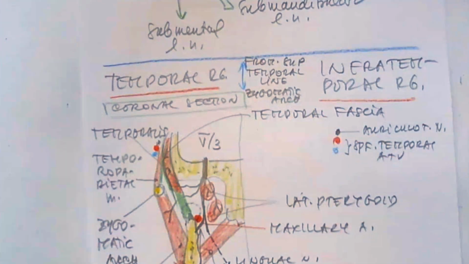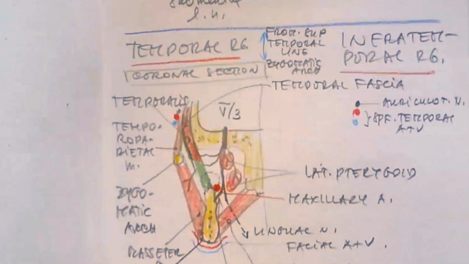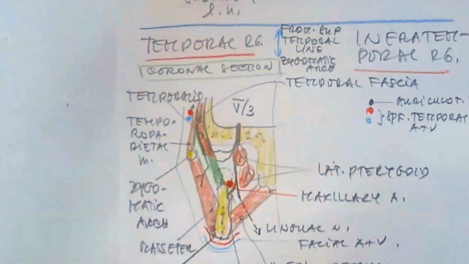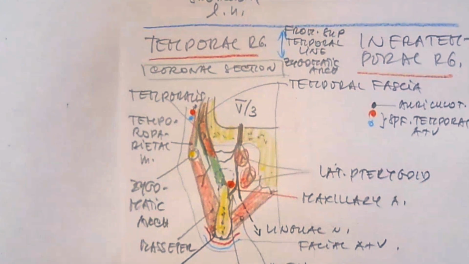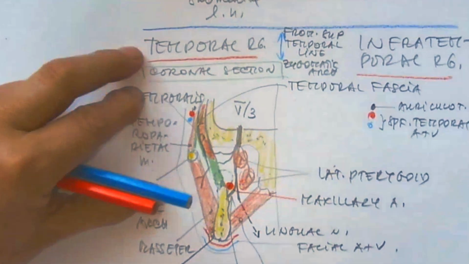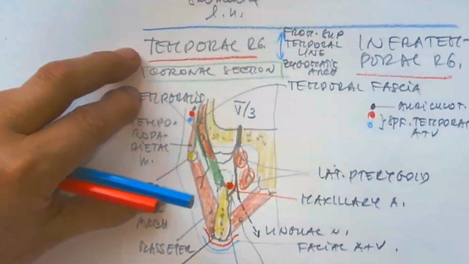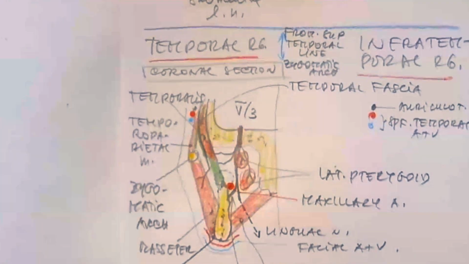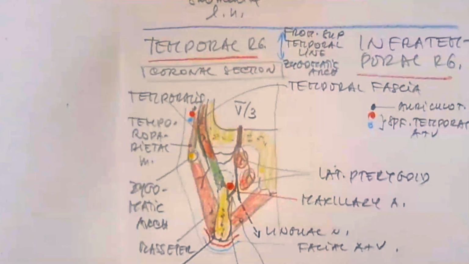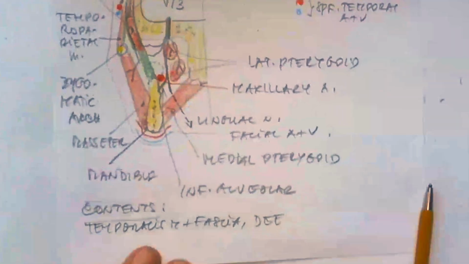And the contents are easy too: in the temporal area, skin also, the contents of the temporal fossa are the temporalis muscle plus its strong fascia, then deep, the artery supplying the muscle.